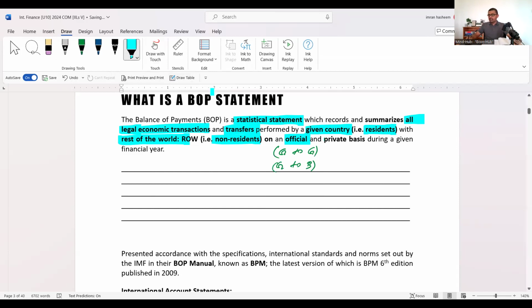Or it could be done privately, so it could be business to business, B to B, or an individual, I or H, a household with another individual, or an individual with another business in another country. So all of these possibilities are there. So how do we say it? Officially and privately during a given financial year.